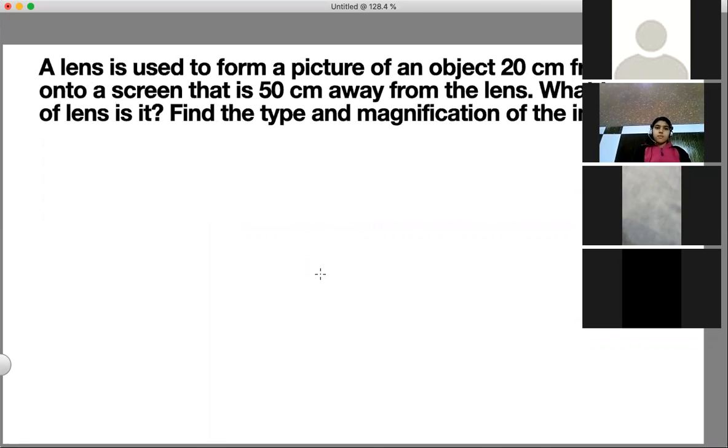A lens is used to form an image of an object 20 centimeter from it onto a screen that is 50 centimeter away from the lens. What type of lens is used? Find the type and magnification of the image.